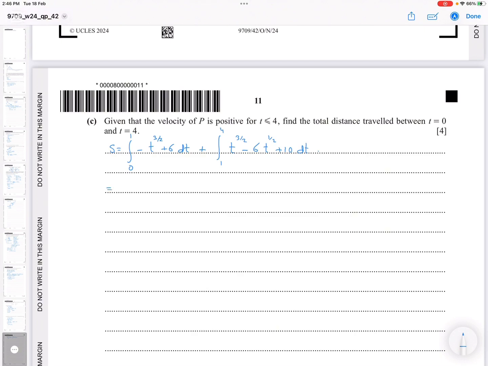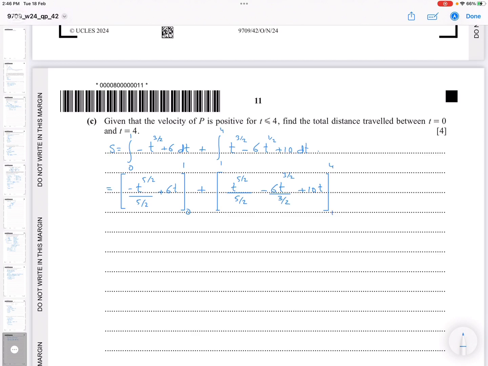So integration gives us minus t power 5 by 2 over 5 by 2 plus 6t, and limits are 0 to 1 plus t power 5 by 2 over 5 by 2 minus 6 t power 3 by 2 over 3 by 2 plus 10t. Limits are from 1 to 4.